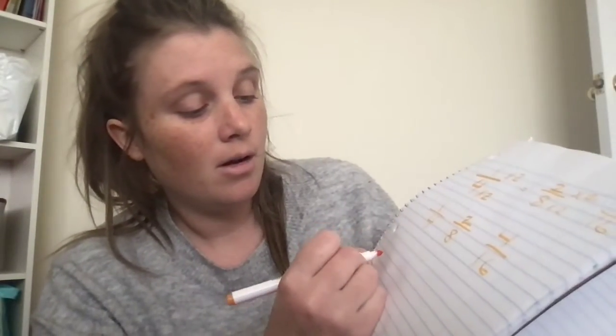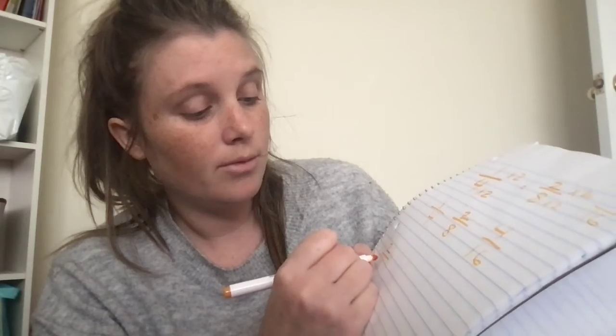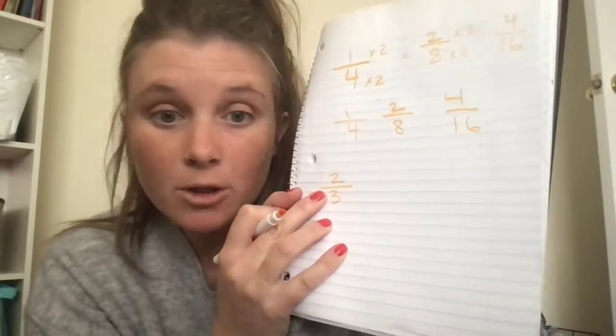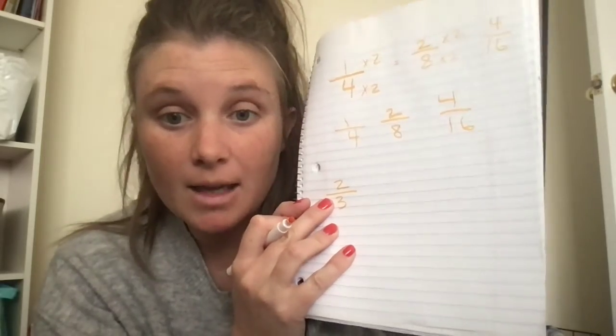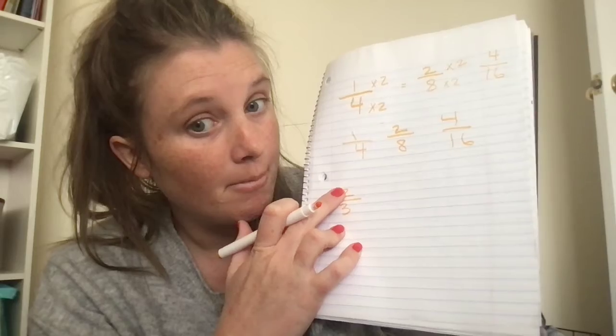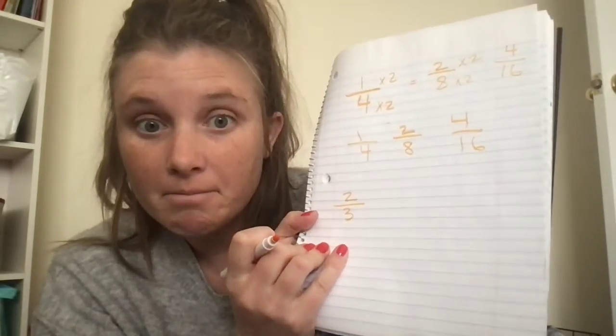Let's say that we have 2/3. Well, what do we want to multiply it by? We can multiply it by anything. You just have to make sure that you multiply the top and the bottom by the same number.